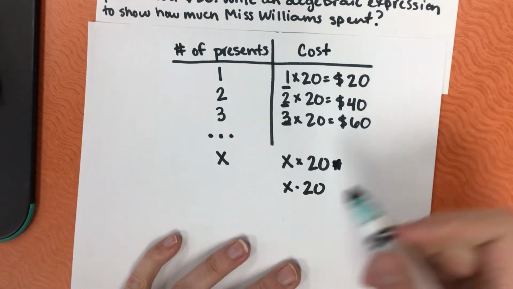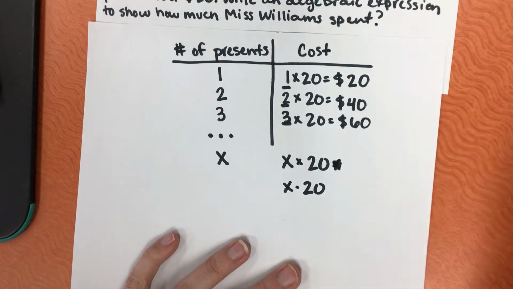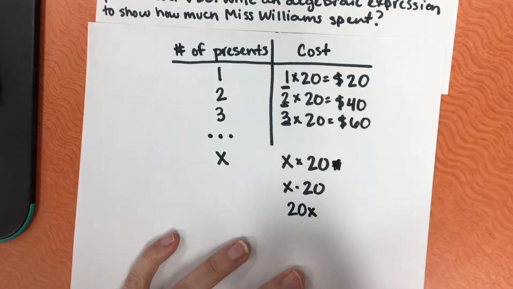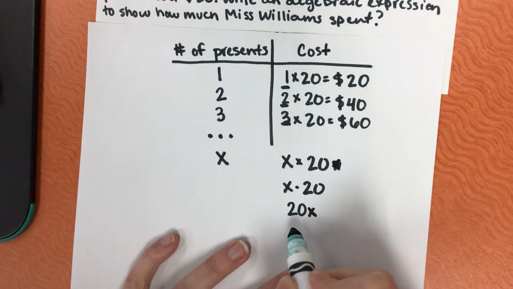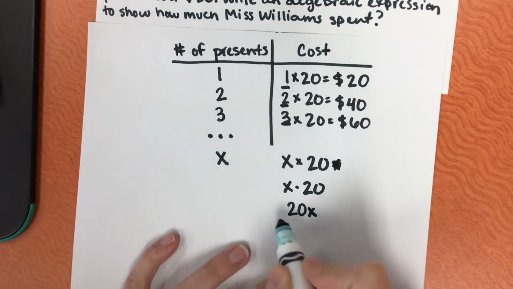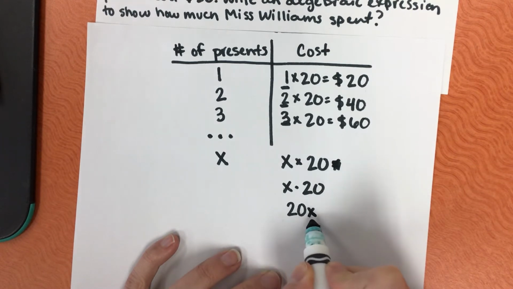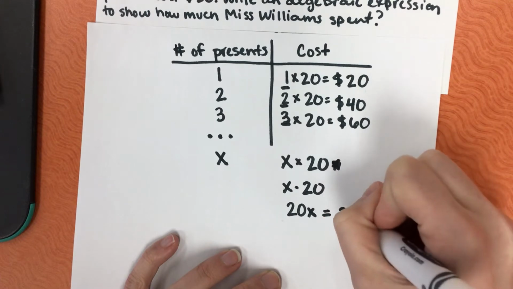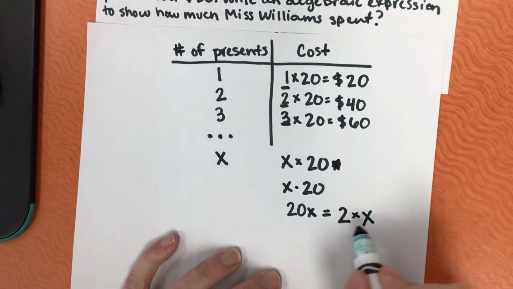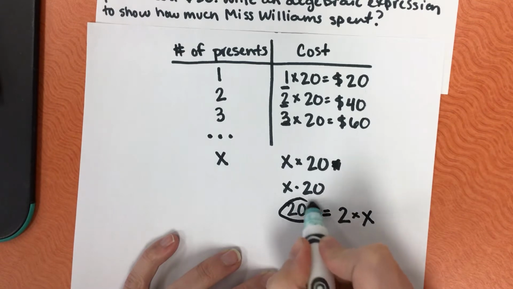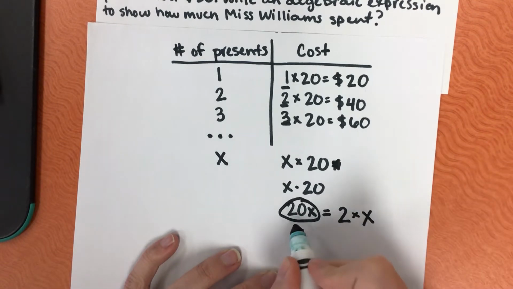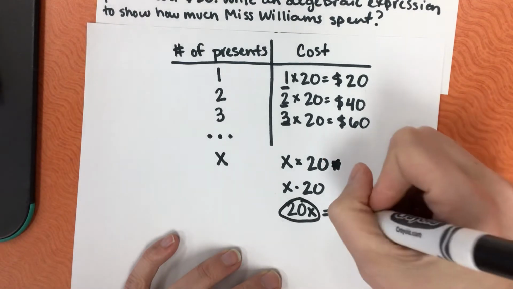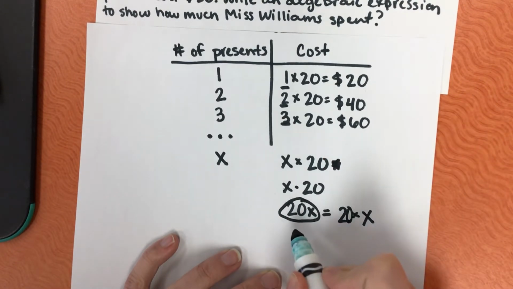So most of the time what we do when we have multiplication with a variable is we squish them into one term like this. You always put the number first. That's called our coefficient. So 20x is the same thing as 20 times x. But because this gets kind of confusing, we normally squish them together and do the number with the variable right next to it. 20x is the same thing as 20 times x.